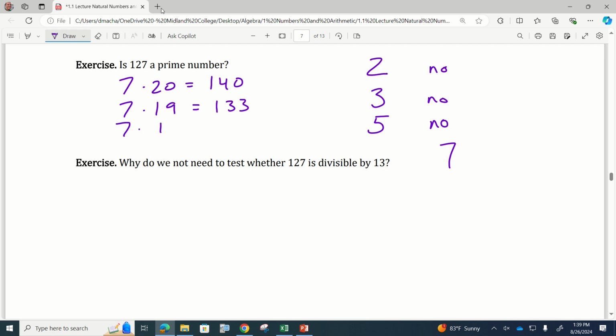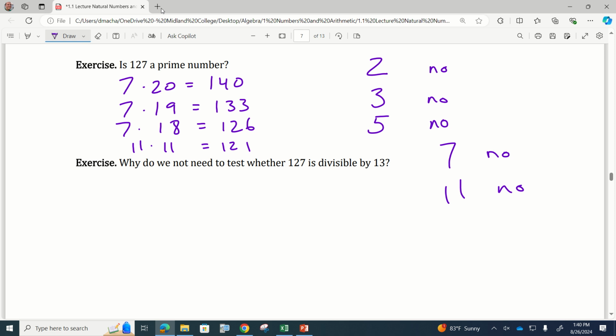What about 7 times 18? 126. Okay, so the answer is no for 7. That was more difficult to have to sit here and check, but we still know it's not. We don't have to worry about 8 or 9 or 10 because those aren't primes. What about 11? Is that divisible by 11? No. I say that because 11 times 11 is 121. 11 times 12 is bigger than 127.